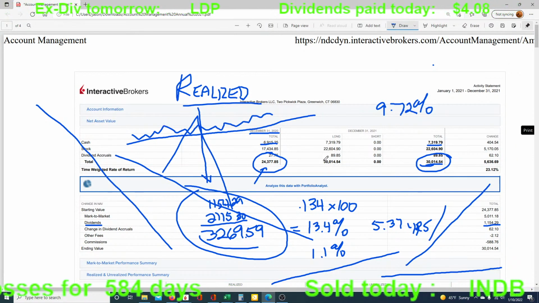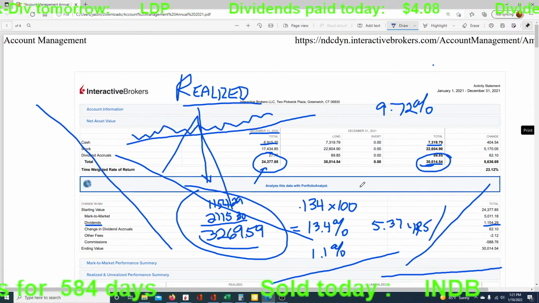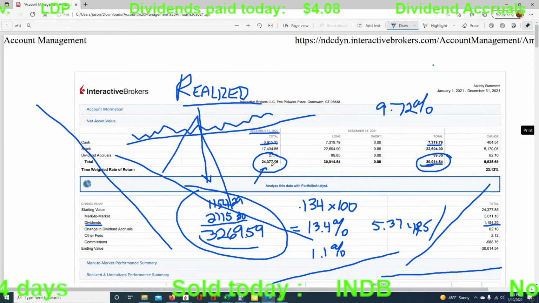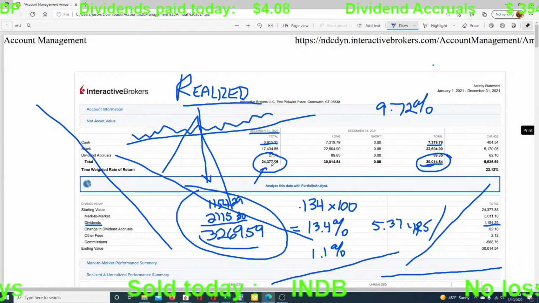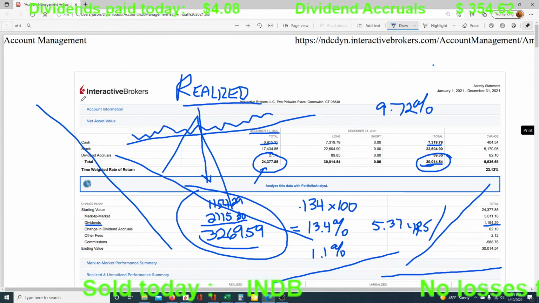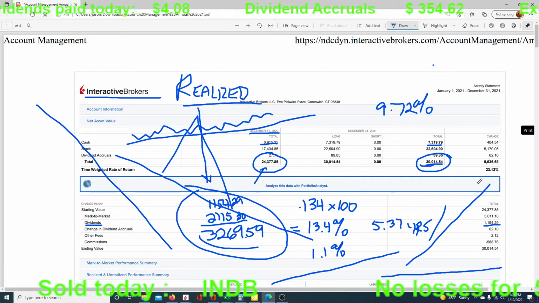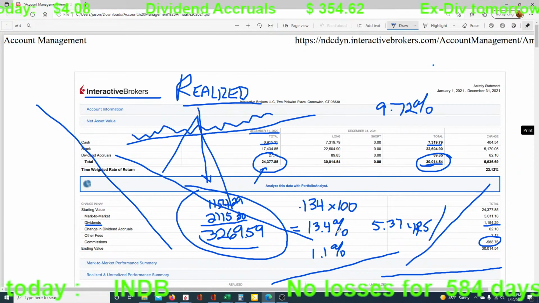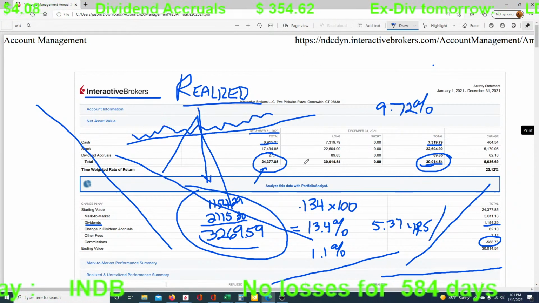Don't do it. Anyways, that's it. I know that's a little bit messy, but if you want to check us out on TipRanks, this particular account is the one we're showing there. It's actually hooked up to Interactive Brokers. You can see that we still pay commissions on these accounts with Interactive Brokers.